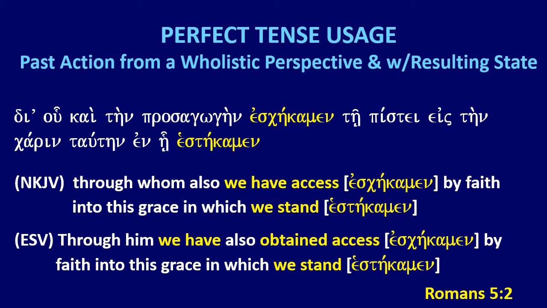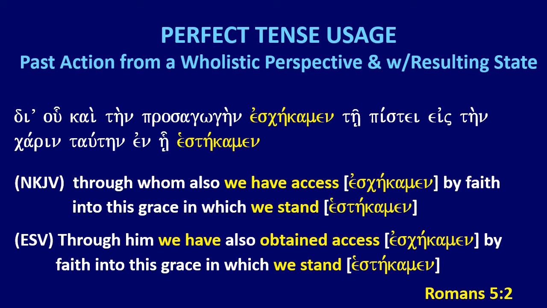New King James: through whom also we have presently access by faith into this grace in which we stand. The ESV translates: through him we have also obtained, past tense, access by faith into this grace in which we stand. Now there's no question about the second usage of histemi there for stand in the verse, in verse 2b.